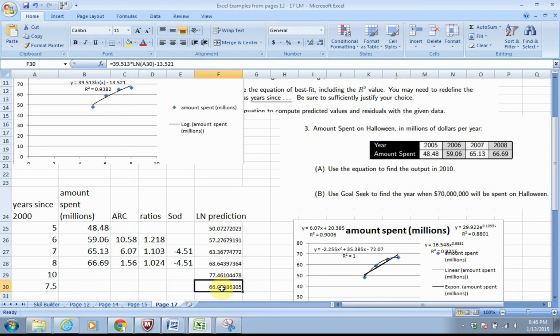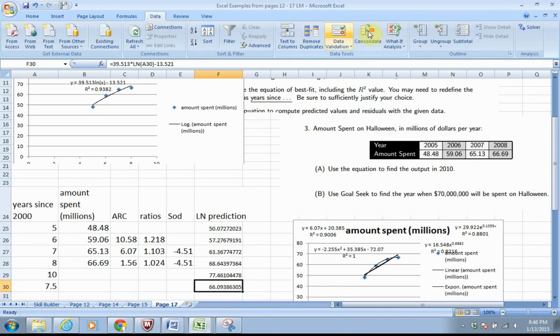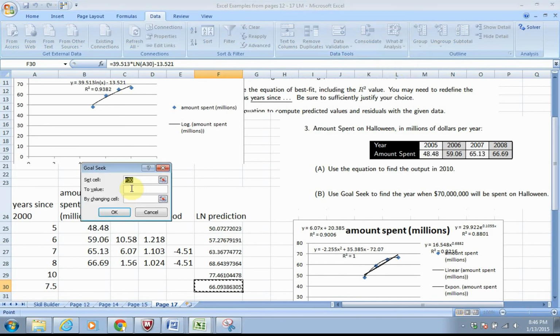I'm going to click in that cell, which outlines the cell, then Data, What-If, Goal Seek. The value that we're going for is 70 million, so we just type in 70. The cell that we're going to change is always the input cell.